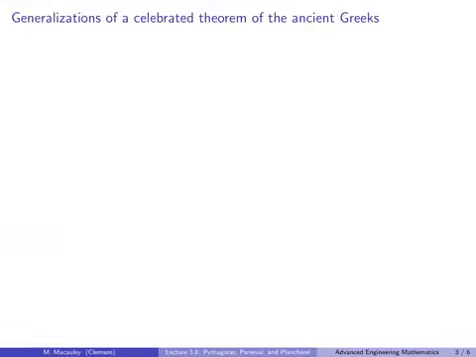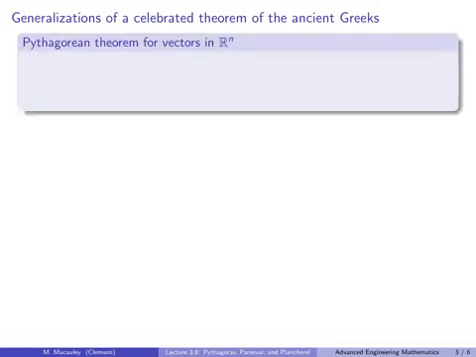At this point, I want to take you on a journey back to a celebrated theorem of the ancient Greeks. I was intending to leave this as a surprise for you, but then I came up with the title of the three mathematicians, starting with a P, and I just couldn't resist. So you probably know where this is going, and of course that is the Pythagorean theorem for vectors in R^n.